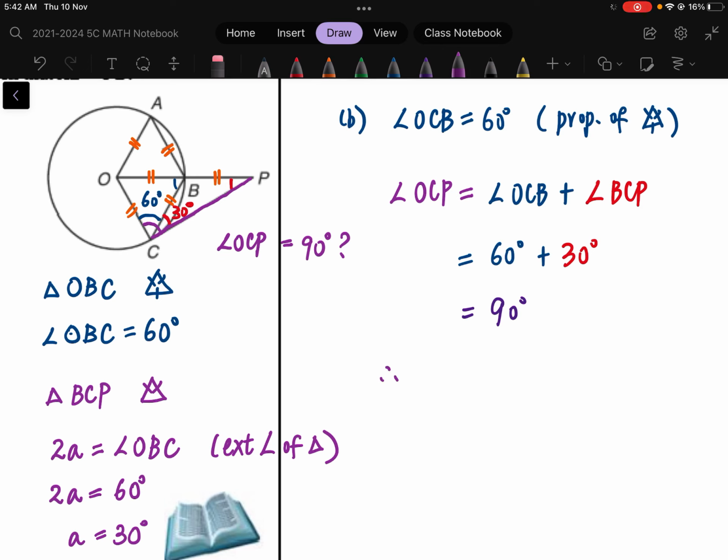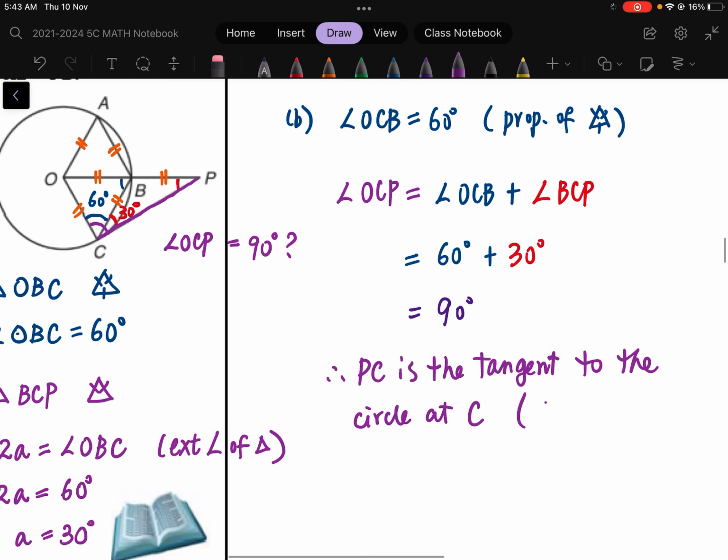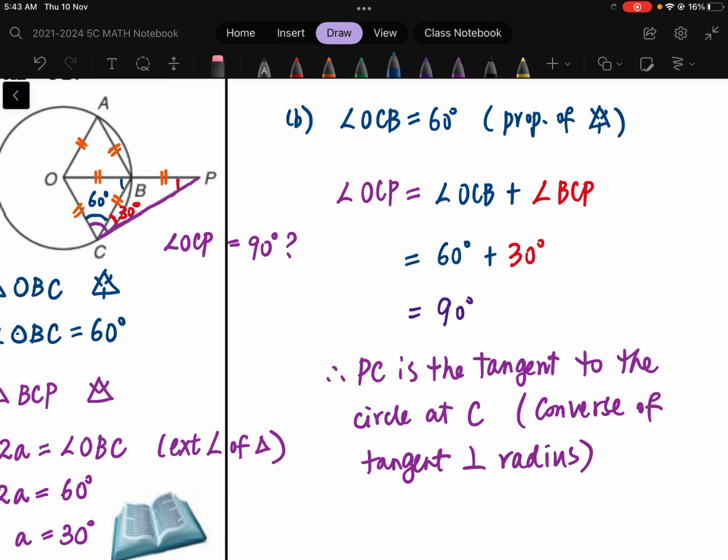So therefore, PC is the tangent to the circle at point C, and we need to give a reason for this, which is converse of tangent perpendicular radius, because we have got the 90 degree angle.